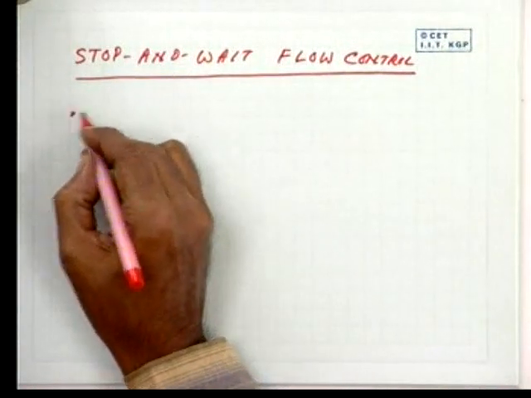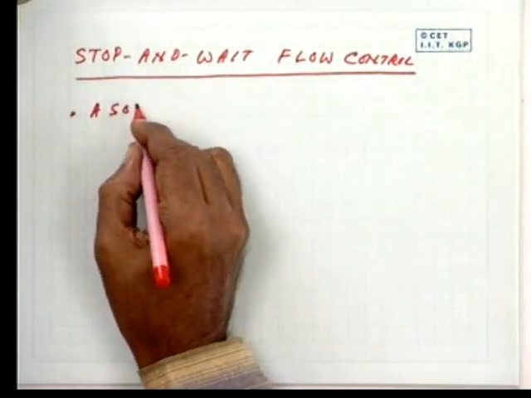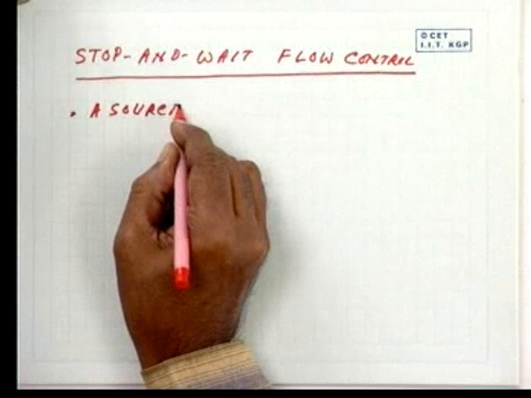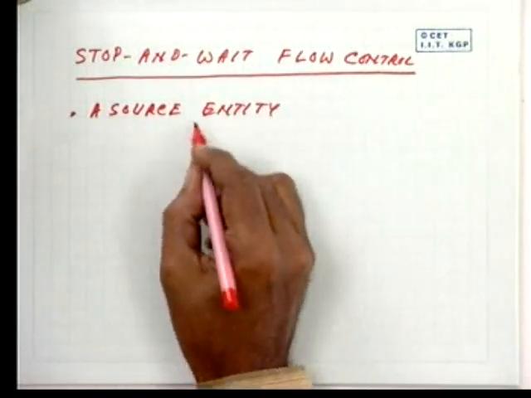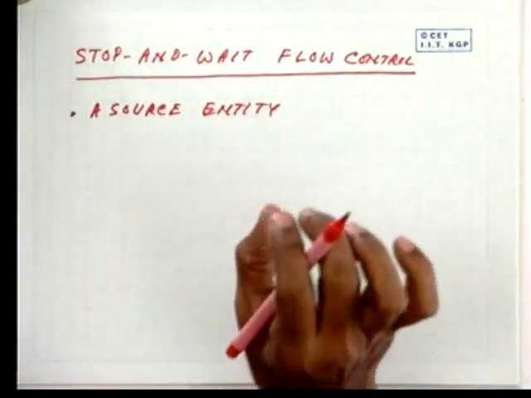Now, a source entity, we know the active elements in any layer are the entities. Entities can receive data, send data, and process data. So the source entity is responsible for sending data from the transmitter.